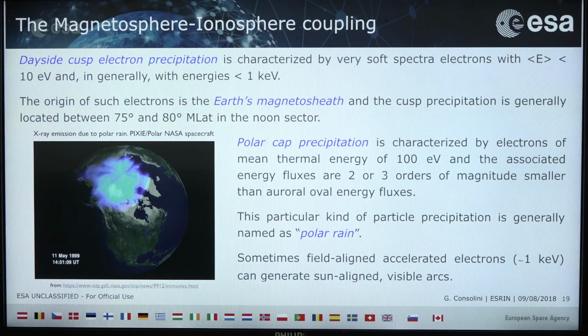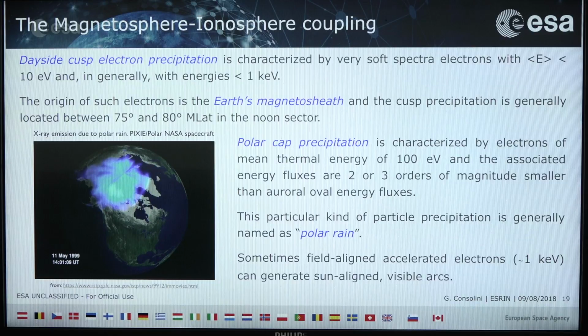Now, dayside cusp electrons are completely different. They are characterized by very soft spectra, so the energy is about 10 electron volts. Sometimes they can also reach energies up to 1 keV, but this is the upper limit that you can find. These are essentially thermal particles.